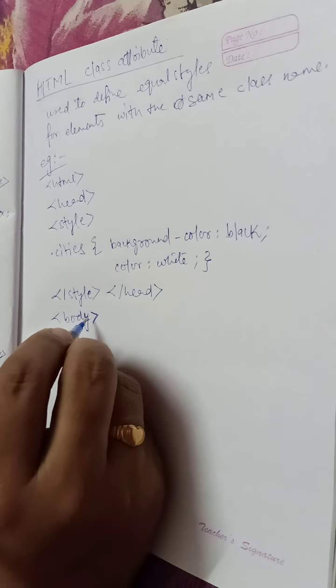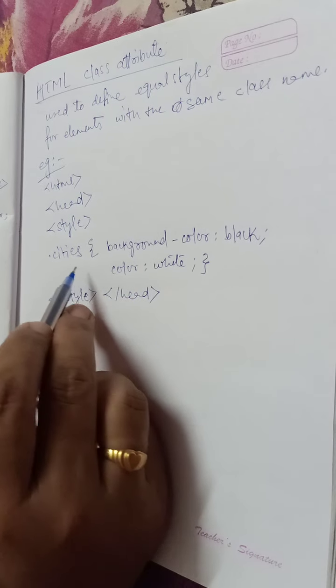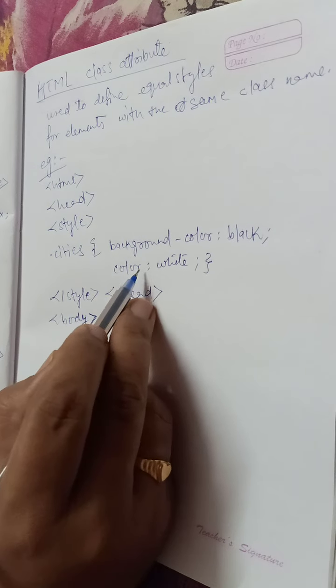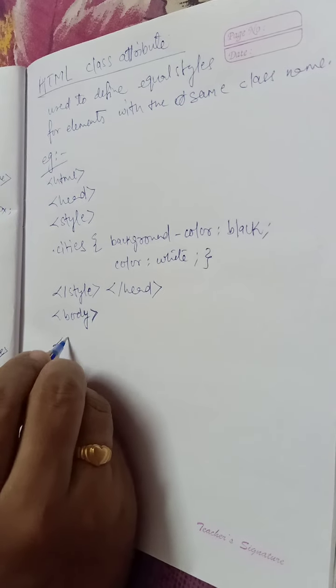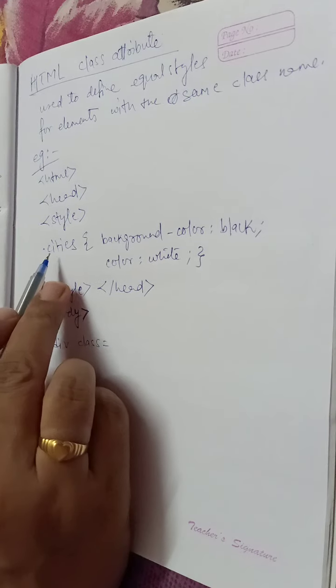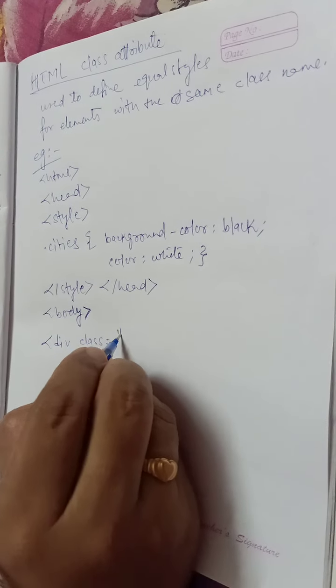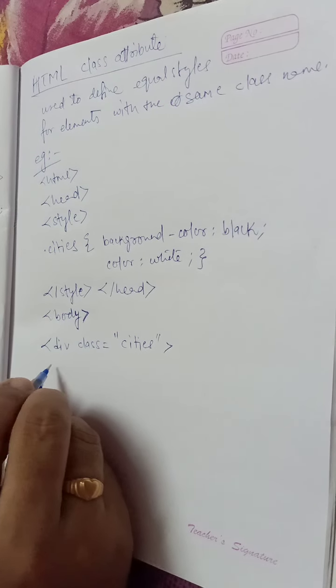Now starting the body tag. I want to apply this background color and this text color. Suppose I am using div and I am mentioning the class name, here the name is cities. We write that name inside double quotes.